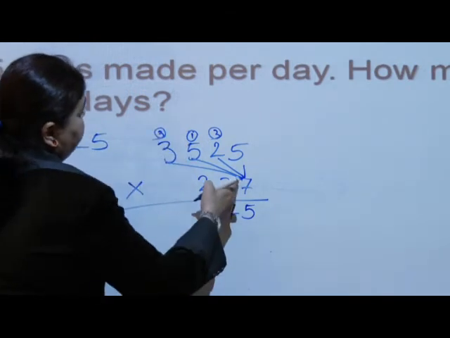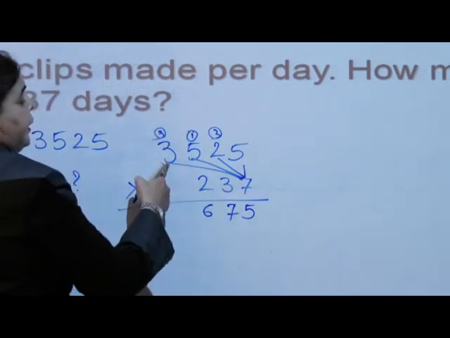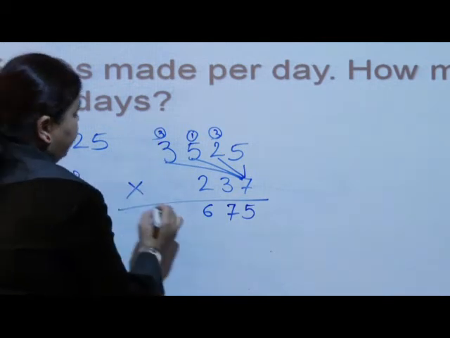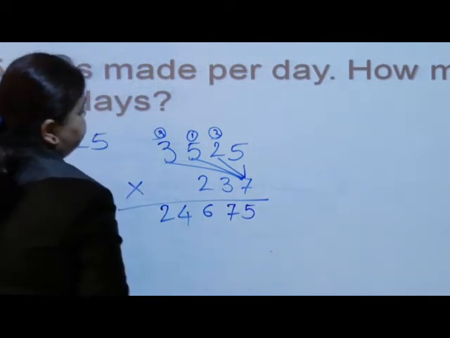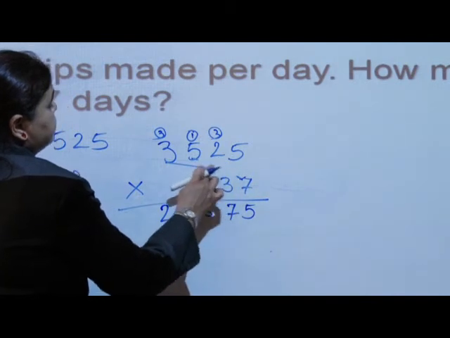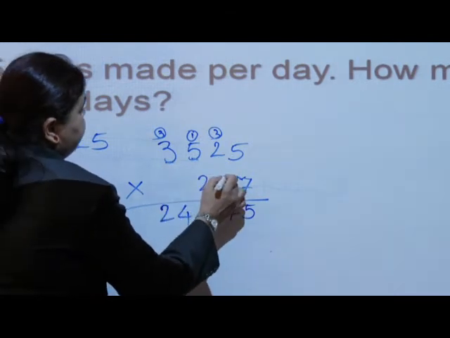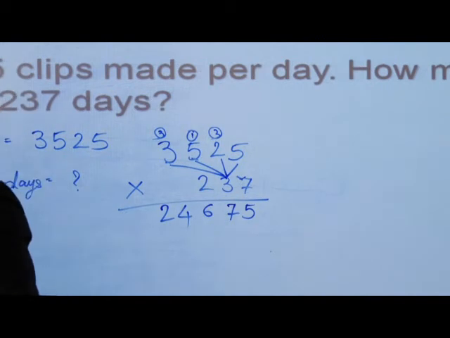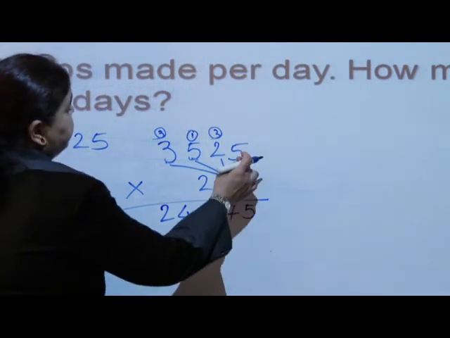So 3 carry and 7 3s are 21 plus 3, 22, 23 and 24. This I had done with ones. Now we have to go for the second number, that is in the tens. Again we have to multiply it to ones, tens, 100 and 1000.